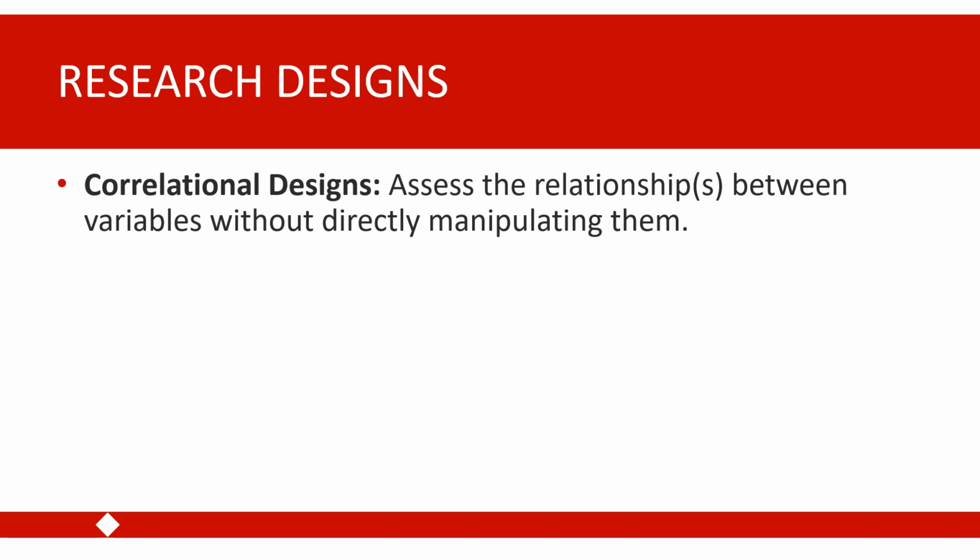So there are many variables that either we are not able to experimentally manipulate or that would not be ethical to experimentally manipulate. So when we are interested in those variables, often an observational or a correlational design is the only kind of research design that would be appropriate for us to use.